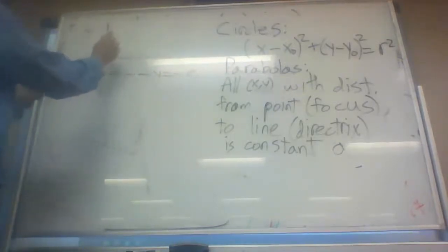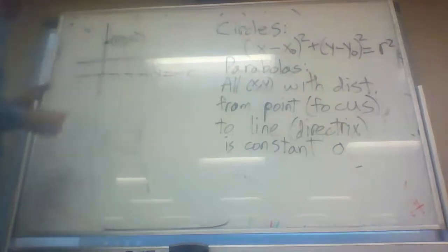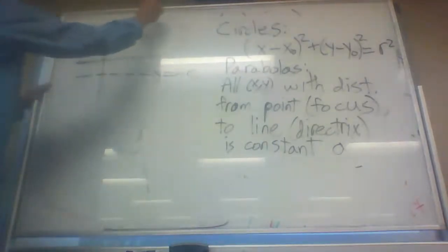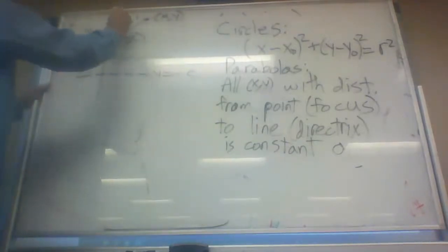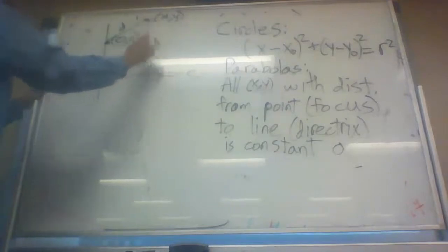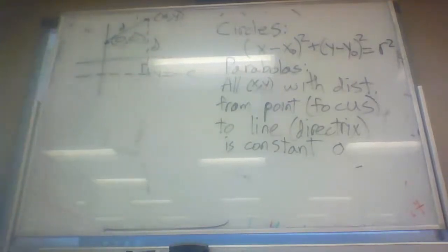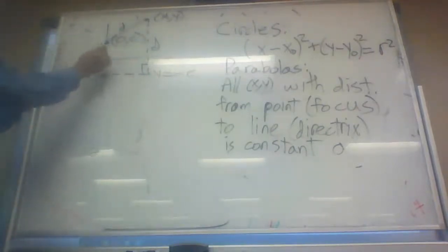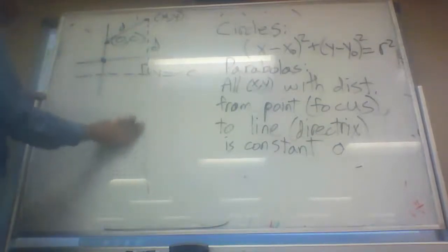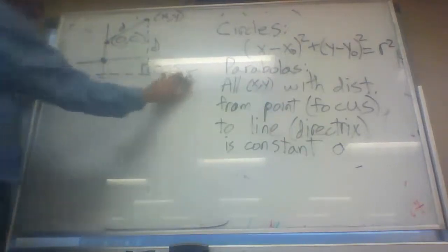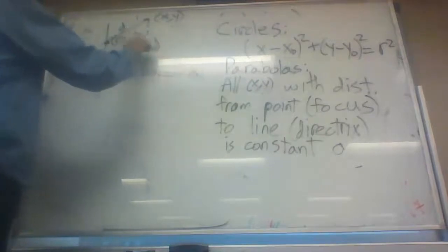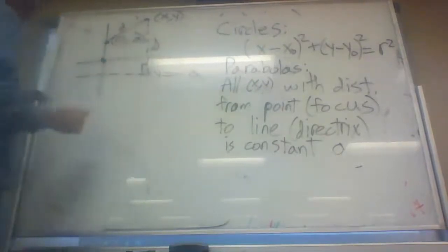Put the directrix down here at y equals minus C, and up here the focus at 0, C. Every x, y up here has to be the same distance from this focus as it is from the line if you drop a perpendicular. It has to go through here because the distance here is equal to the distance here.